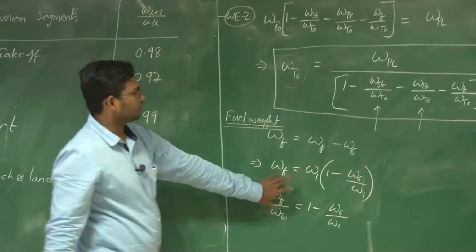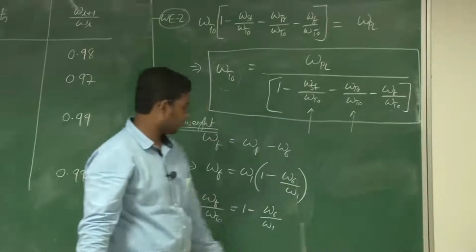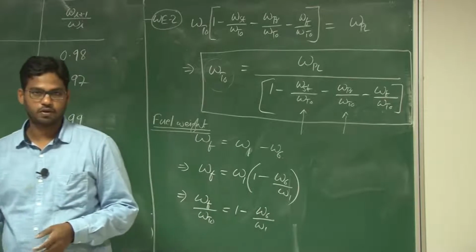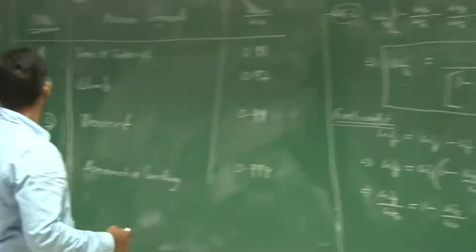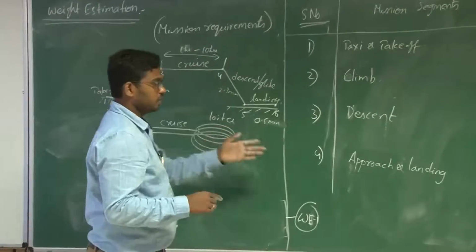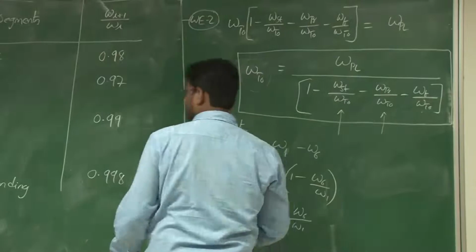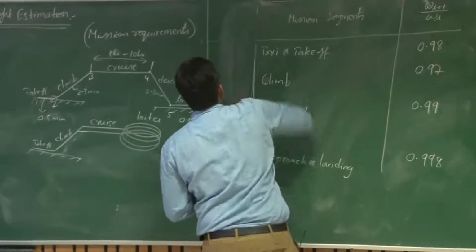So to estimate this WF by W takeoff, we need to find out what is the weight ratio of W6 by W1. Since we have segmented this mission profile, we can express this W6 by W1 as follows. I'll erase this part.